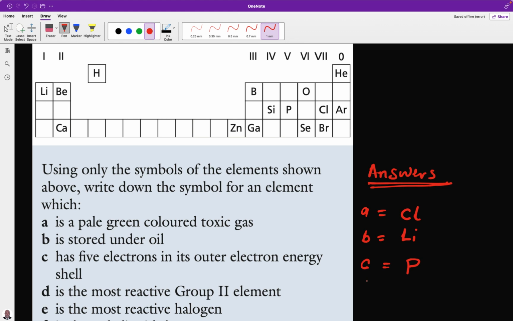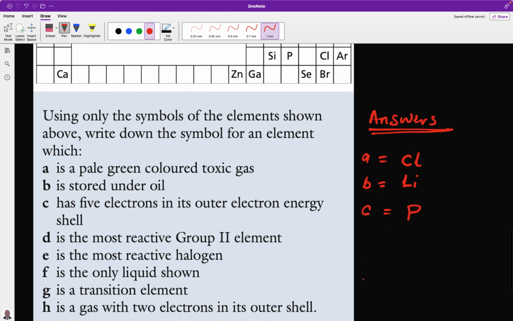Now D. Write down the symbol of an element which is the most reactive group 2 element.